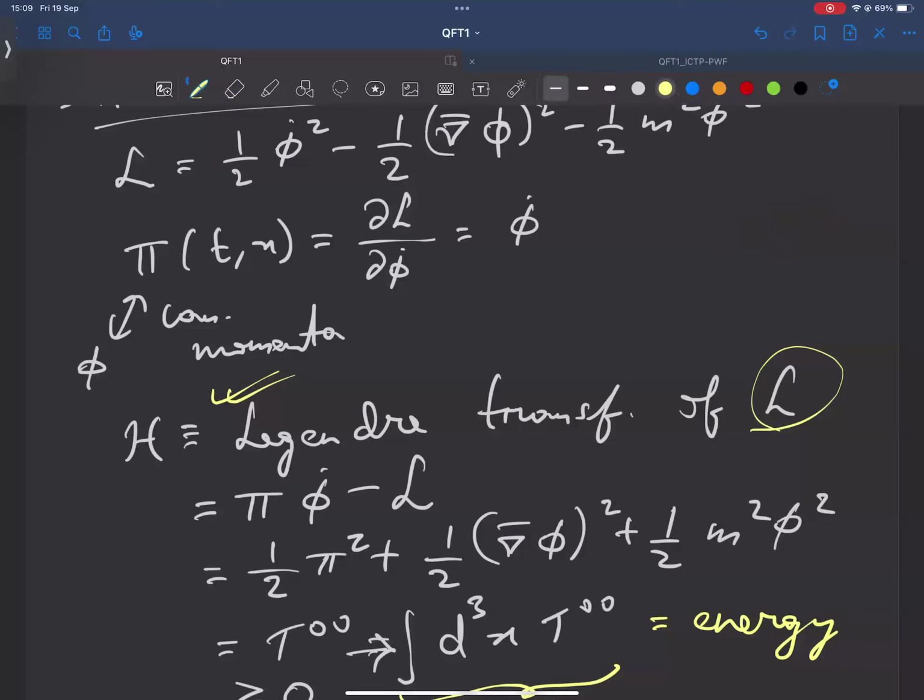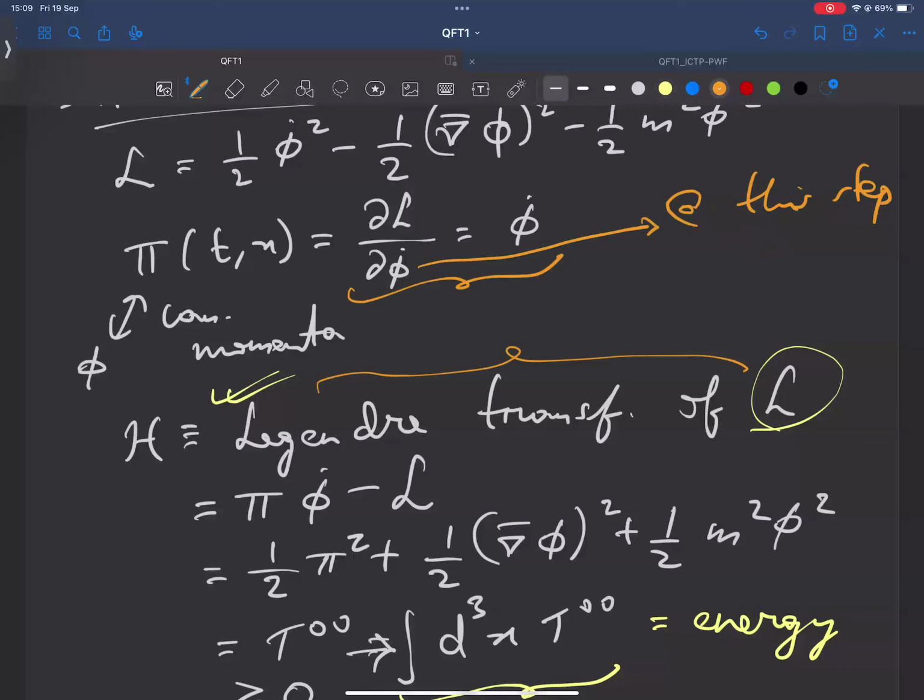But note that in order to perform a Legendre transform, we need to define a canonical momentum. So at this step, we choose a time coordinate del t, and with respect to that, we get this phi dot, and we define pi from that. So a very specific coordinate was chosen when we constructed the Hamiltonian formalism.